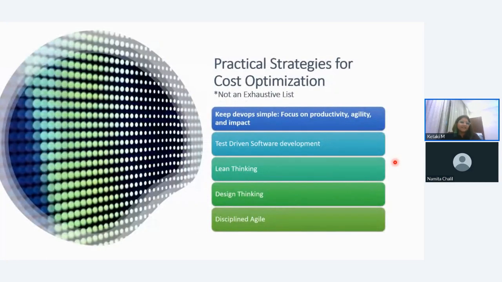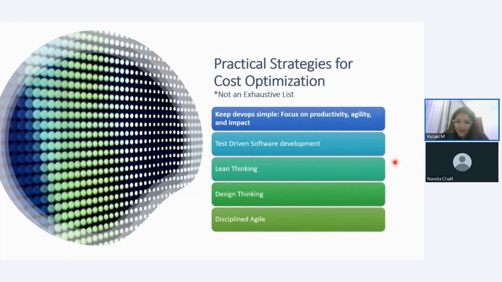Now, some practical strategies for cost optimization. This is clearly not an exhaustive list, but the primary message, based on the experiences I have had with my agile portfolio, program, or project management, is that simplicity beats all.